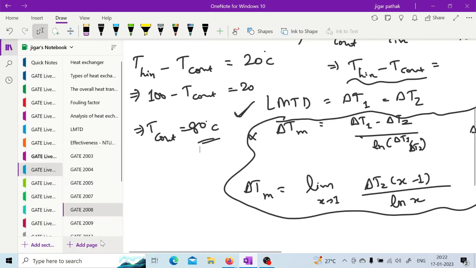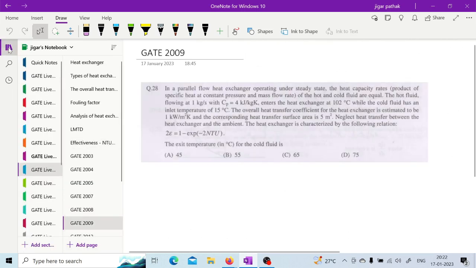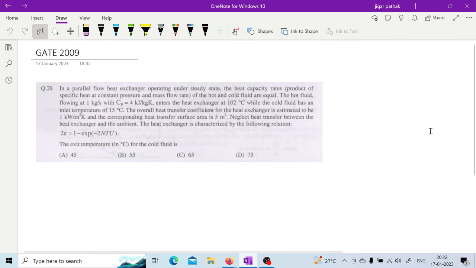So if we go to the next one: in a parallel flow heat exchanger operating under steady state, the heat capacity rates of the hot and cold fluid are equal. The hot fluid flowing at 1 kg per second with 4 kilojoule per kg K enters the heat exchanger at 102 degrees centigrade, while the cold fluid has an inlet temperature of 15 degrees centigrade.